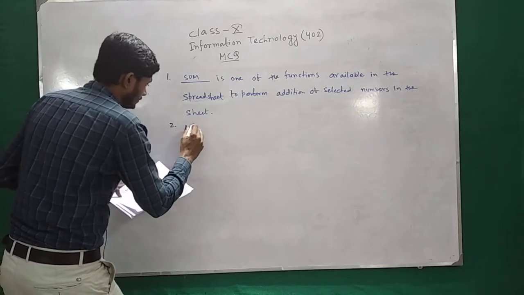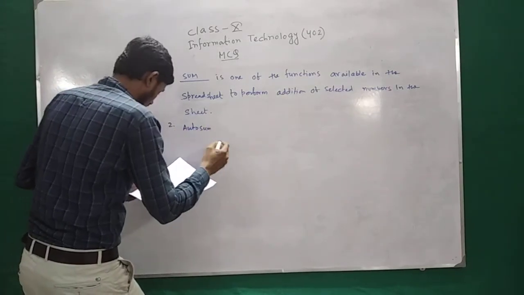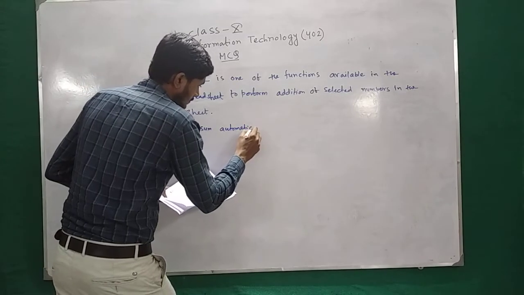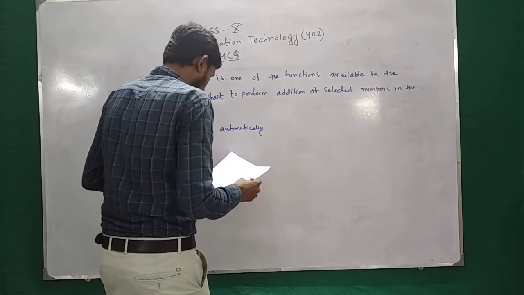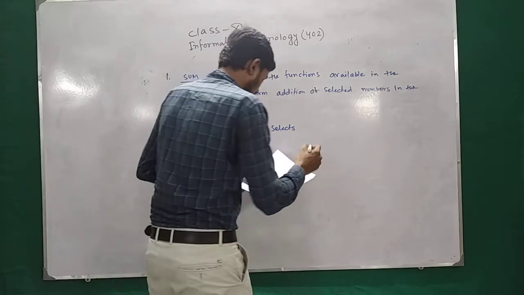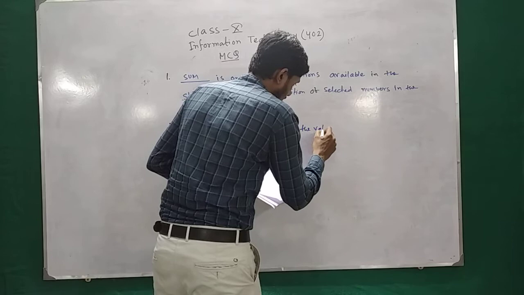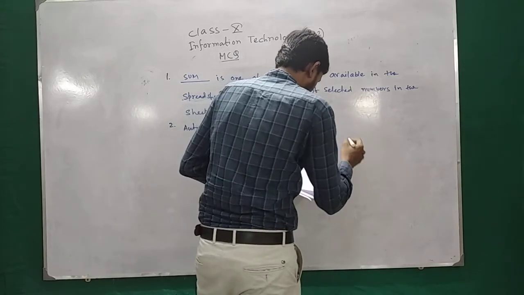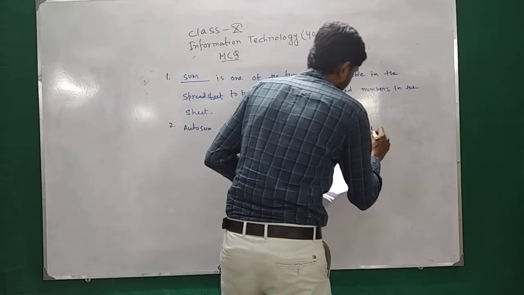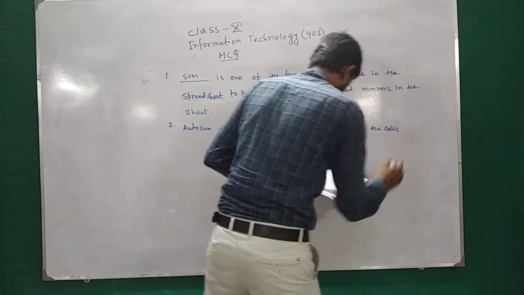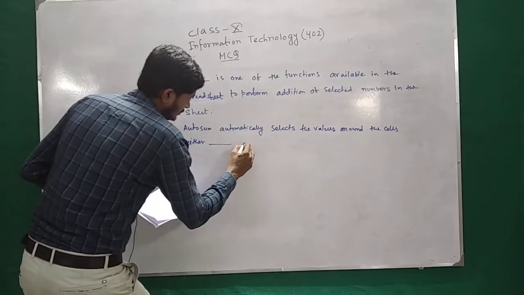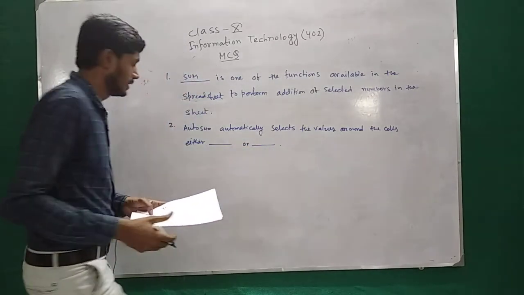AutoSum automatically selects the values around the cells either dash or blank.